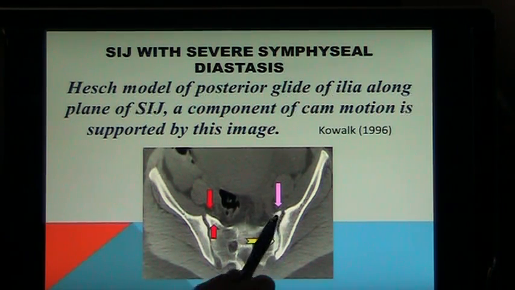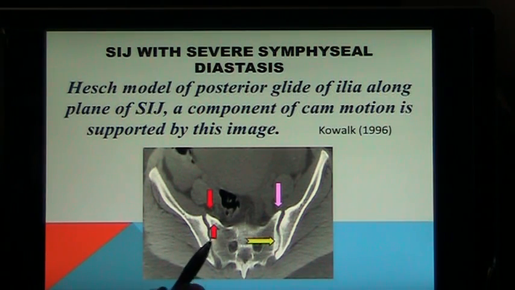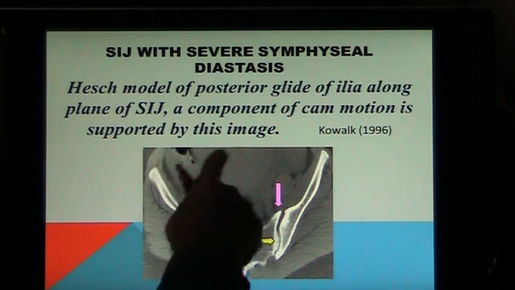Anyone would tell you that is an unstable SI joint, but they seem to create new joints in the back, in this area, where the joints become stable there for a period of time.